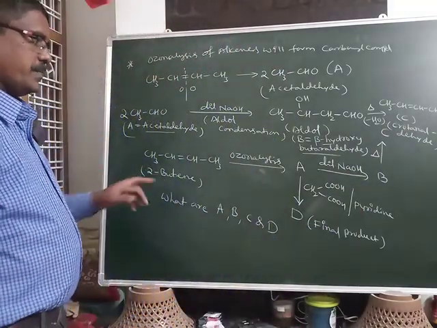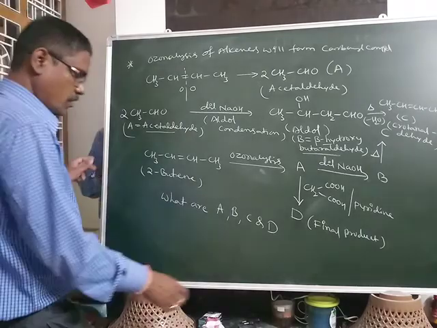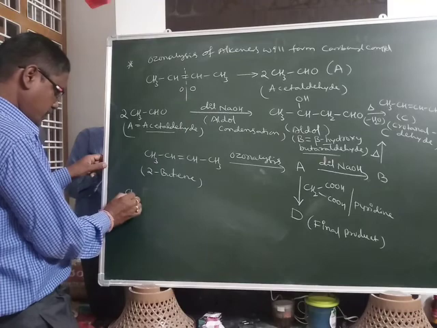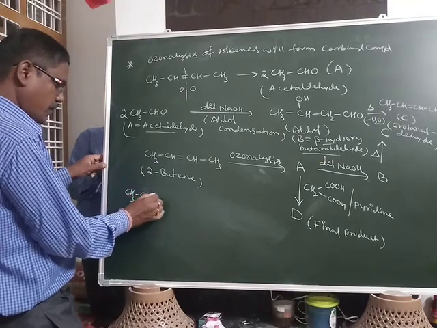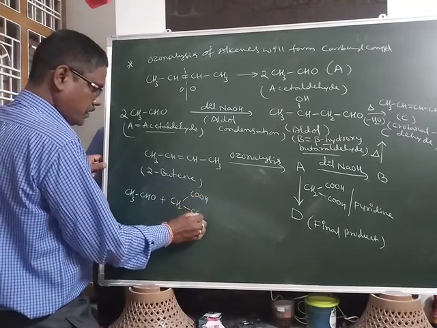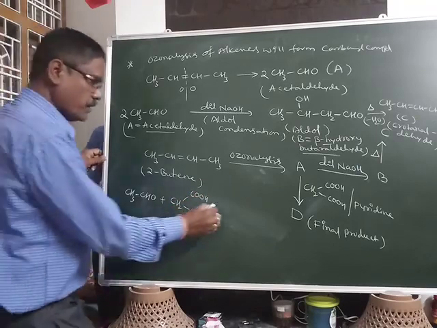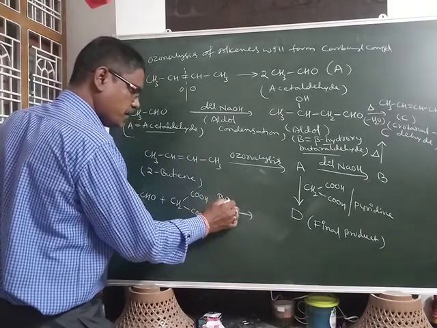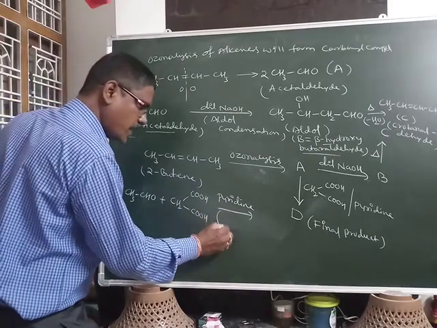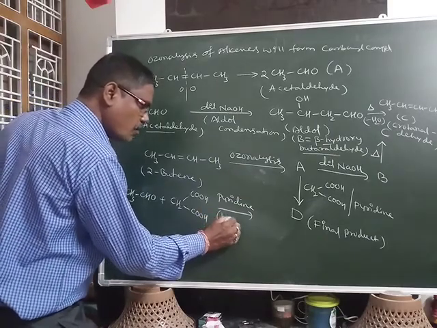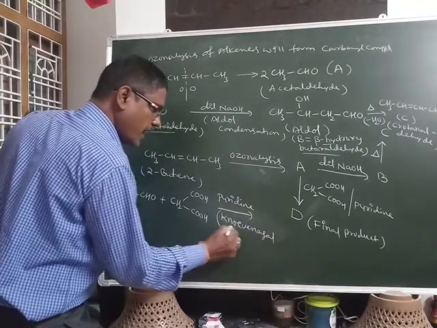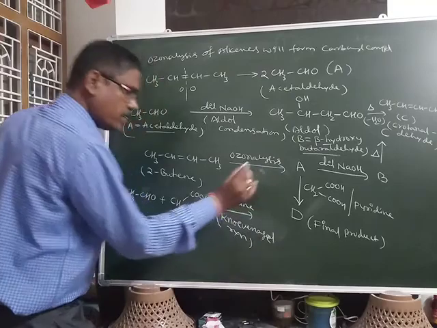C is completed, and A is acetaldehyde, CH3CHO. When it is reacted with this, which is called an active methylene group, in the presence of pyridine, this reaction is known as Knoevenagel reaction.